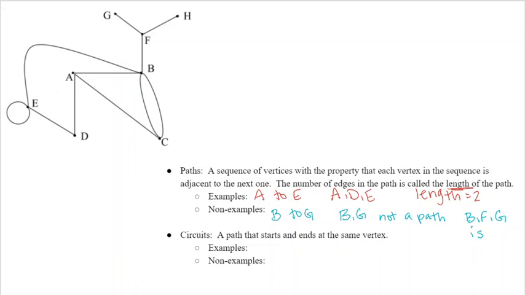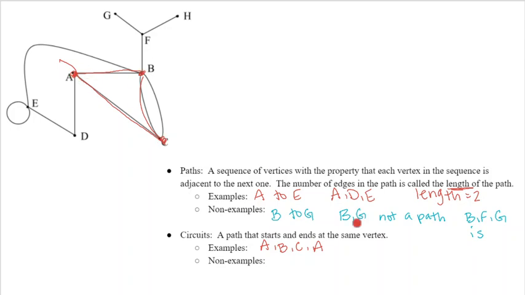All right, and a circuit is a path that starts and ends on the same vertex. So, for example, if I go A, B, C, A, that is an example of a circuit. And we can also talk about the length of the circuit as well.